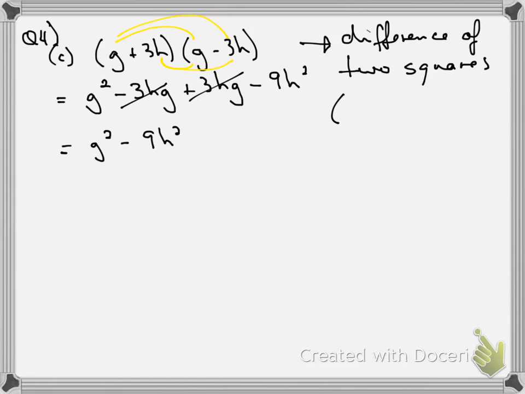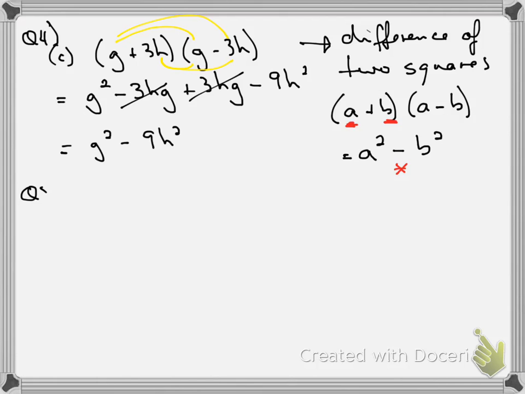And the pattern is a plus b, a minus b will give you a squared minus b squared. Which means I don't really have to expand it. All I've really got to do is square each one, and put a minus sign in between them. And that's the beauty of that pattern.